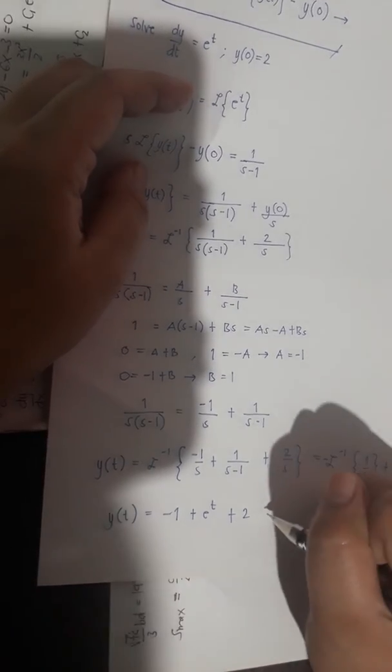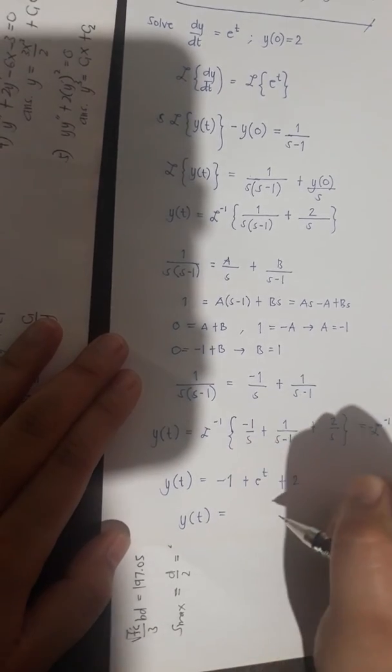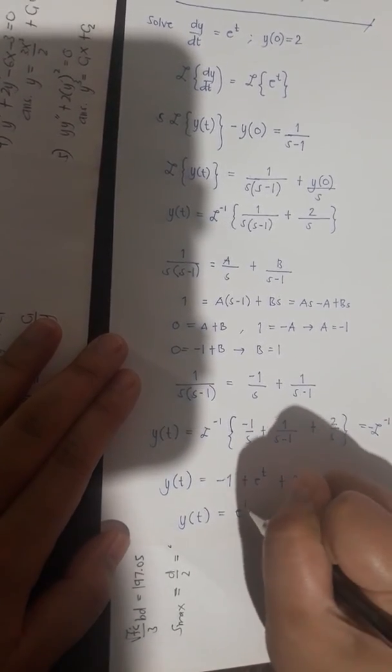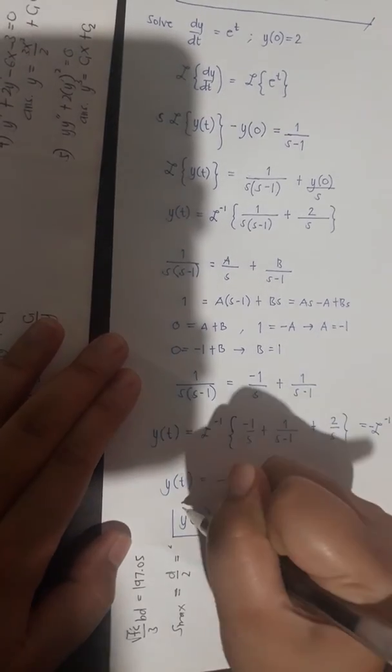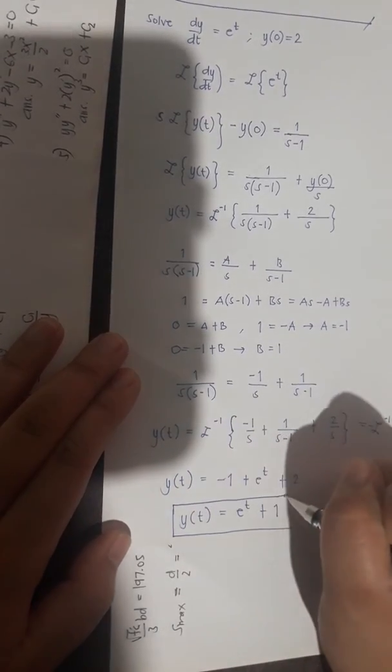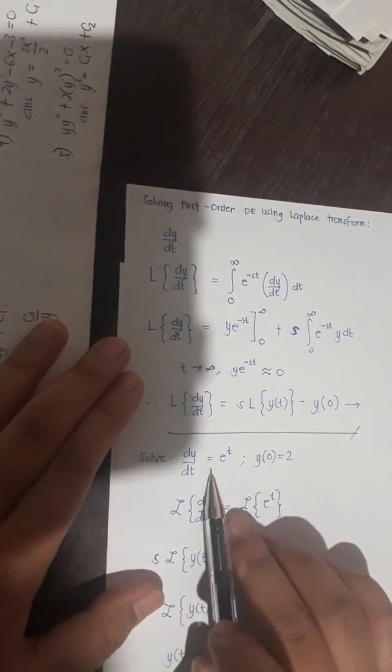Or y as a function of t is equal to e raised to t plus 1. So this is now the particular solution of dy over dt equals e raised to t.